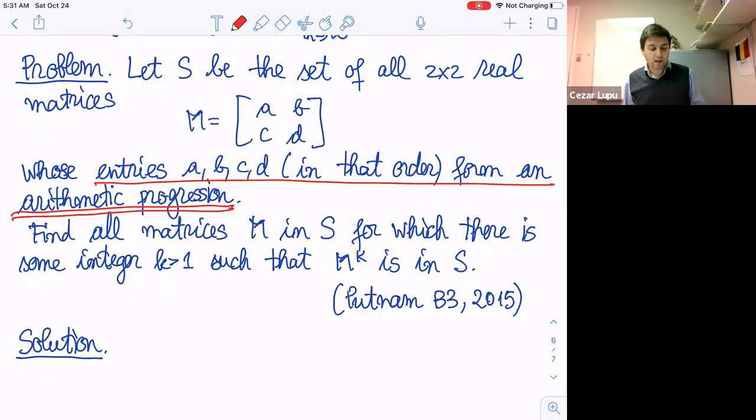So in fact, we can write the relationship between the entries of the matrix. But we would like to determine all matrices in S. So how do they look? That is the question.